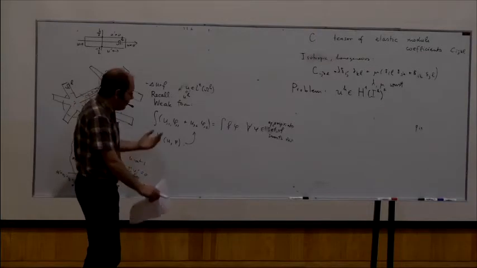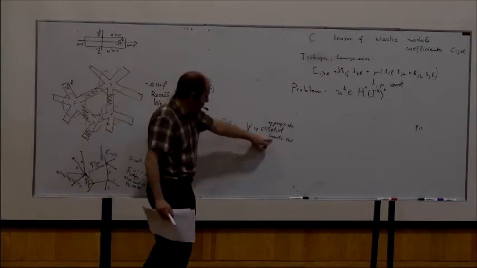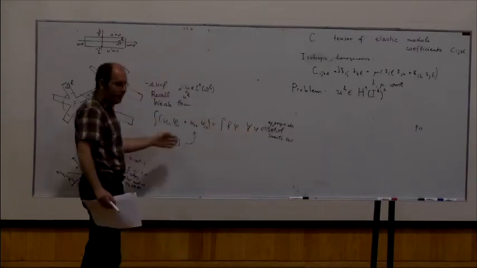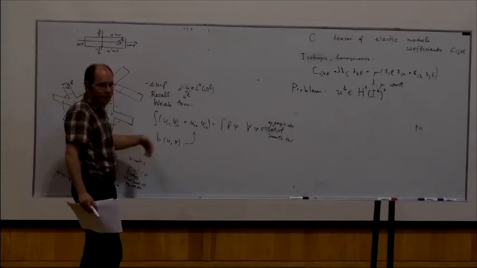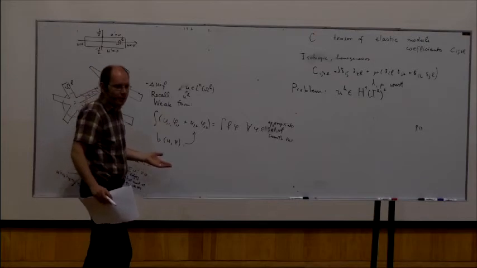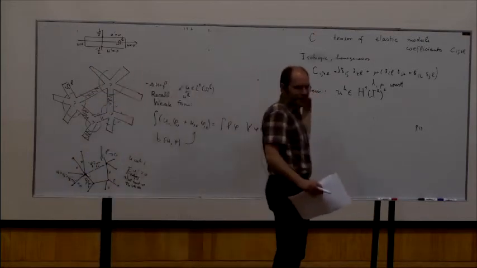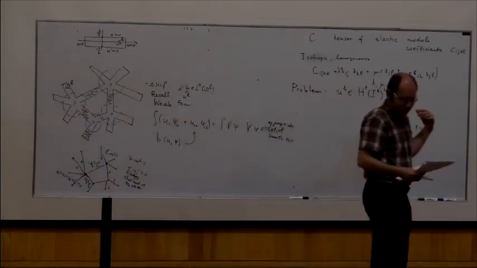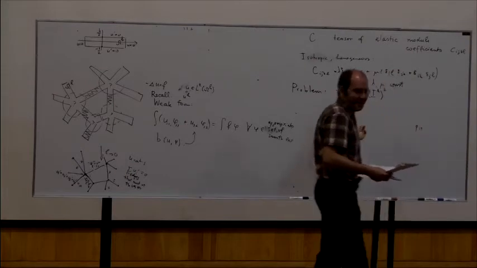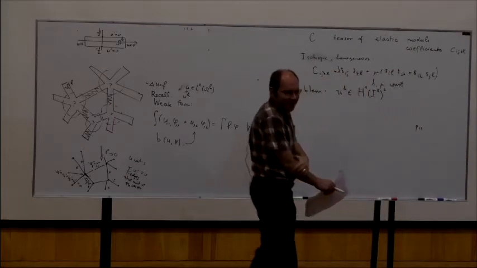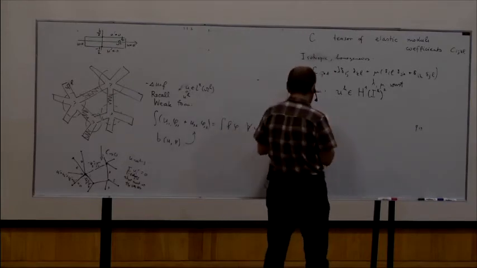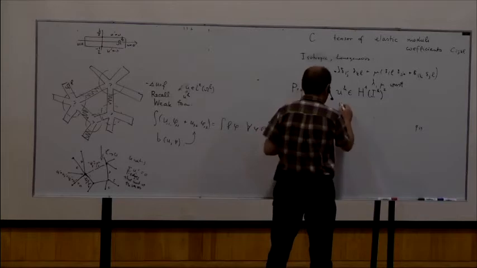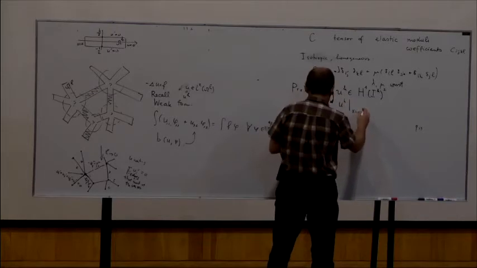And since this set is dense with respect to the norm that this bilinear form generates, the energy norm, then the two formulations are equivalent. So I'm going to use this bilinear form type formulation here, just for fun, just to demonstrate that you can do things in different ways.